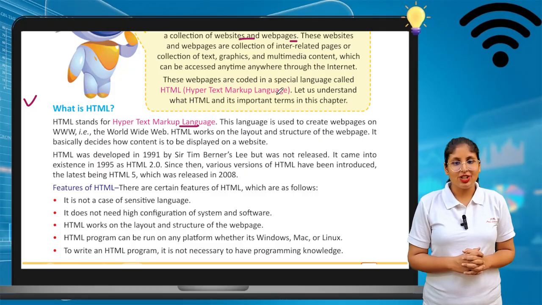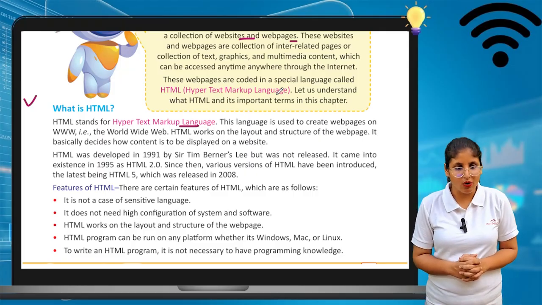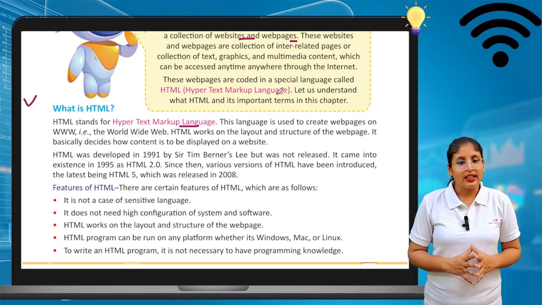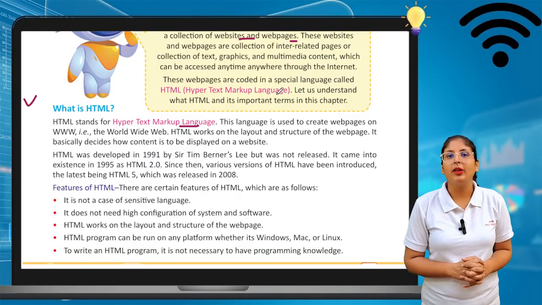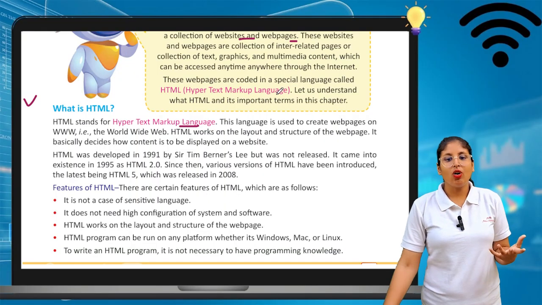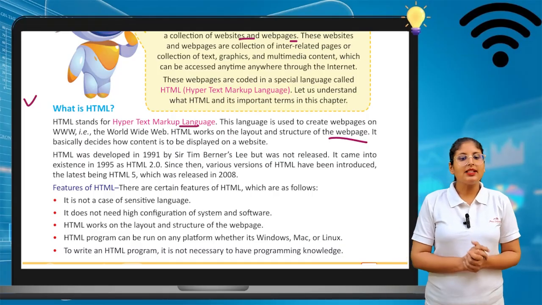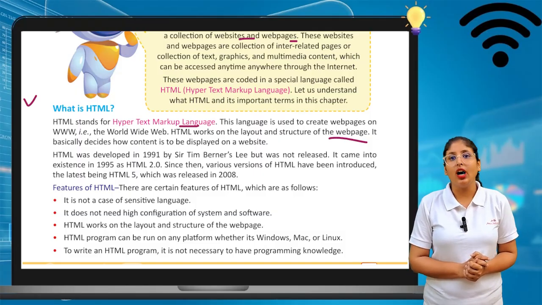This language is used to create web pages on the www, that is the World Wide Web. HTML works on the layout and structure of web pages. It basically decides how content is to be displayed on the website.